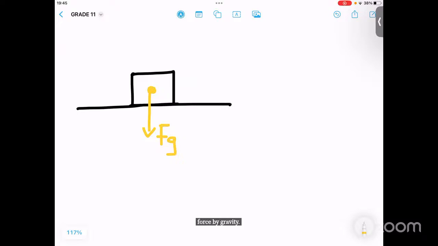And if this object is on a surface, the surface will always push upwards, being the normal force. It will always push upwards if that surface is horizontal. So that means the angle formed there is 90 degrees.